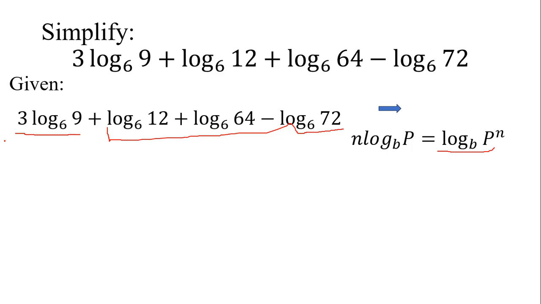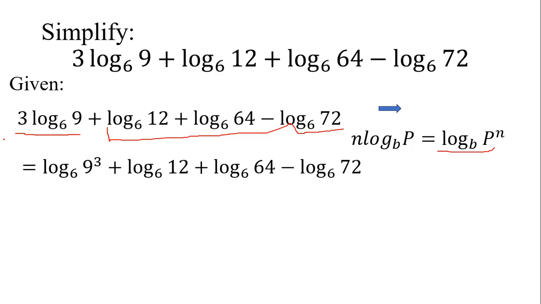Now, what are we going to do? I'm going to have the logarithm of 9 raised to power 3 to base 6 plus the logarithm of 12 to base 6 plus logarithm of 64 to base 6 minus logarithm of 72 to base 6. You can see I'm not doing anything else, I'm just repeating the other terms, but I'm trying to justify this.